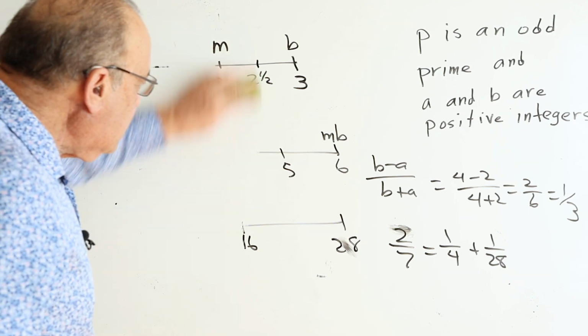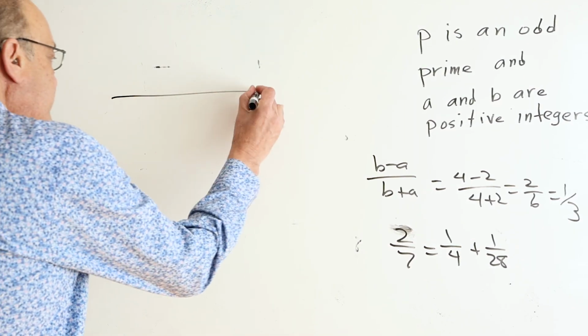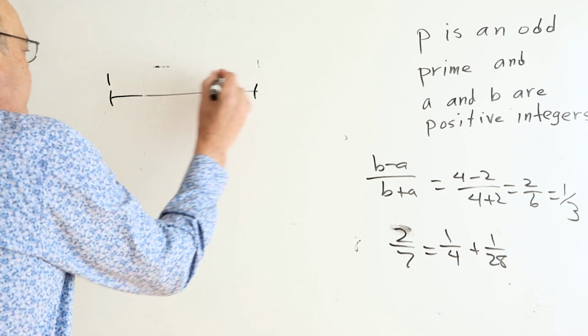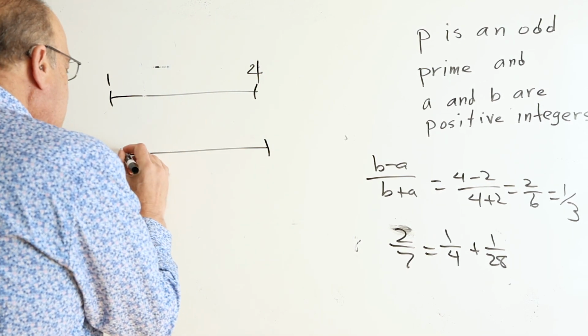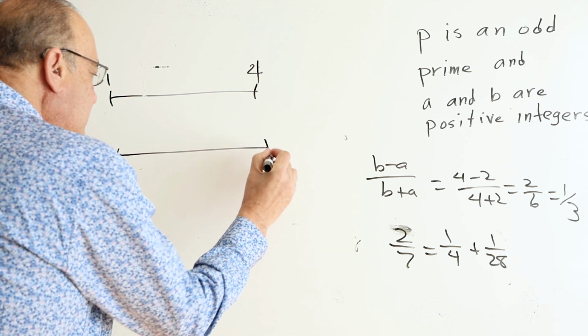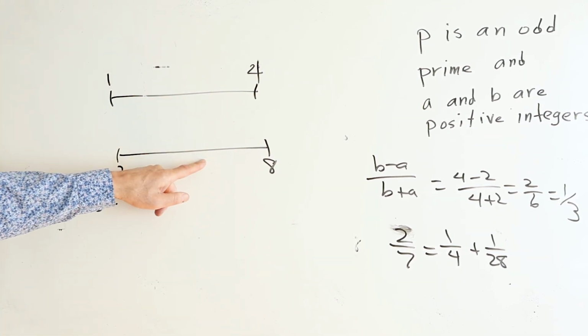Well, like suppose you take this example. If you have 1 and 4, for example, how do you know that won't produce a different result? Well, you can just simply double everything and get 2 over 8. This turns itself into this, and this is one that we covered already.